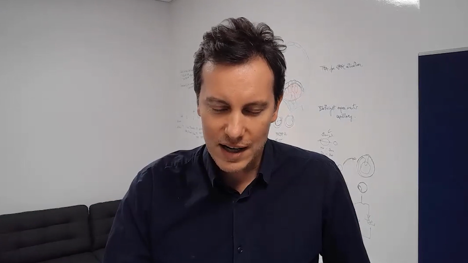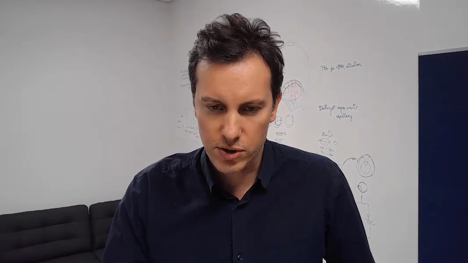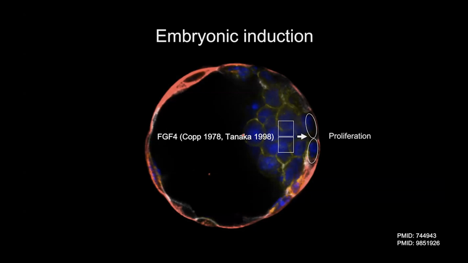And it's only 20 years later, in 1998, that the lab of Janet Rossant in Toronto showed that a key molecule that acts as a mitogenic inducer is actually FGF4, fibroblast growth factor 4. And that is the rationale behind using FGF4 to derive mouse trophoblast stem cells.